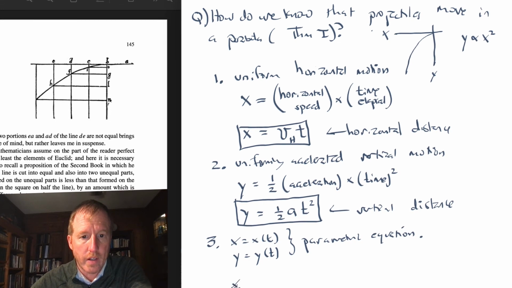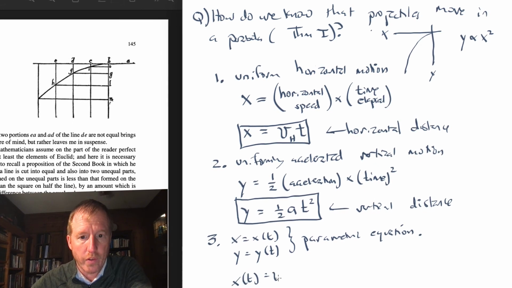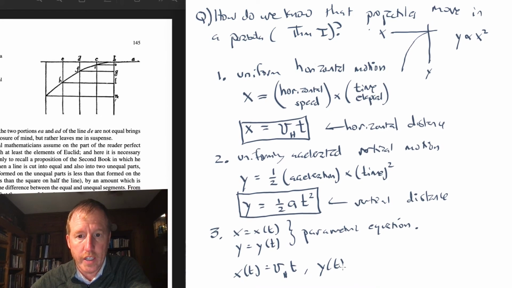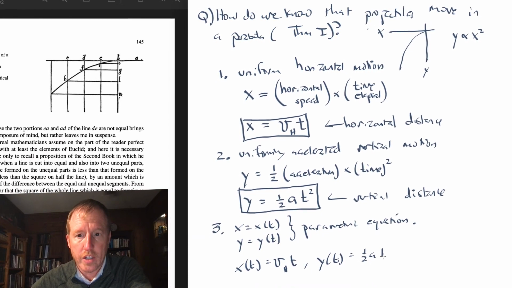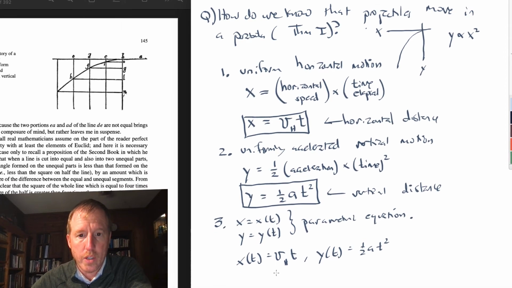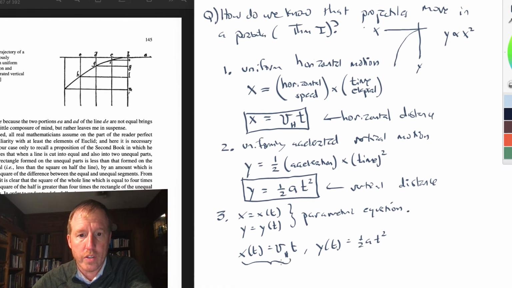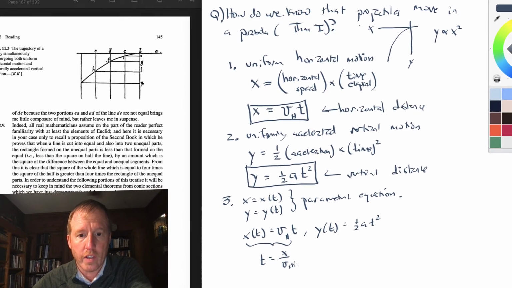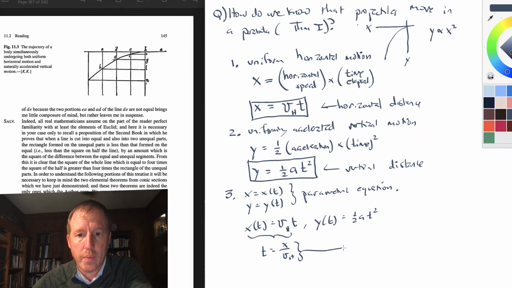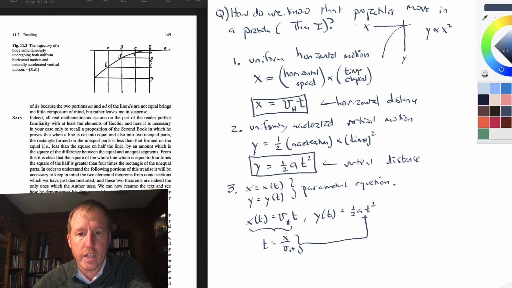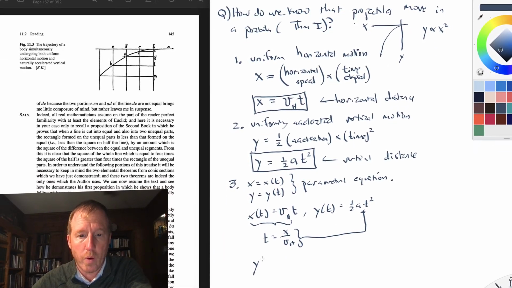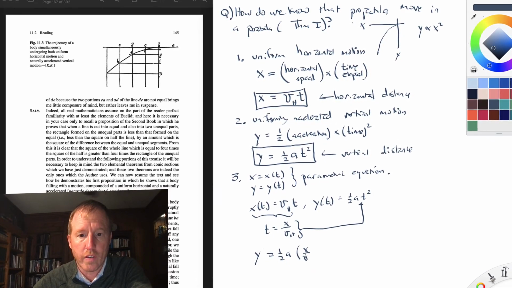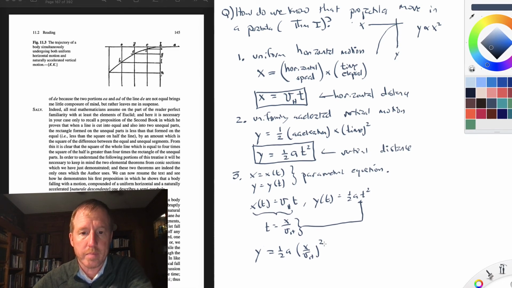So in particular, x of t was equal to vh times t, and y of t was equal to 1/2 at squared. Well, what we can do is solve this first equation for the time. We can write time equals x over the horizontal velocity, and then plug it in for the time, and when we do that, we get y is equal to 1/2 a times (x over vh) squared.